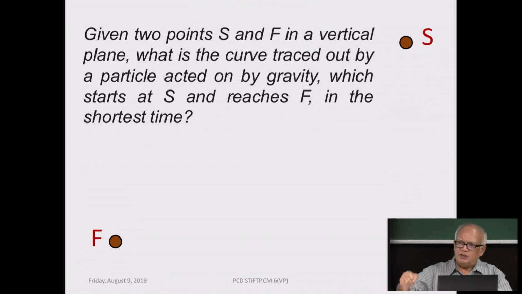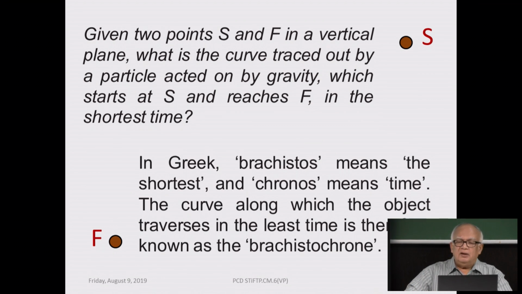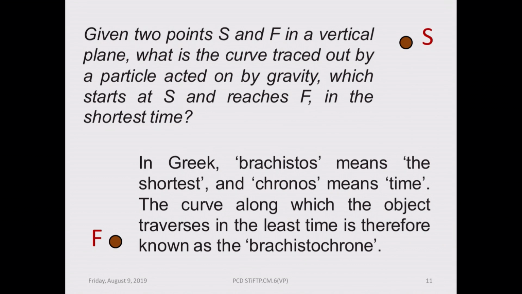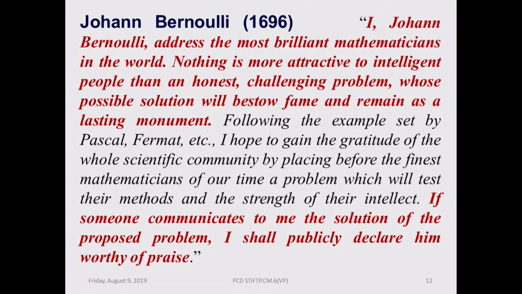Okay, you let go of this particle and you are asking along which particular curve the object will reach the finish point fastest. And chronos is the Greek word for time, brachistos is fastest. So you are asking what is the brachistochrone, okay, along which curve do you have the brachistochrone. So this problem is famously known as the Brachistochrone problem.